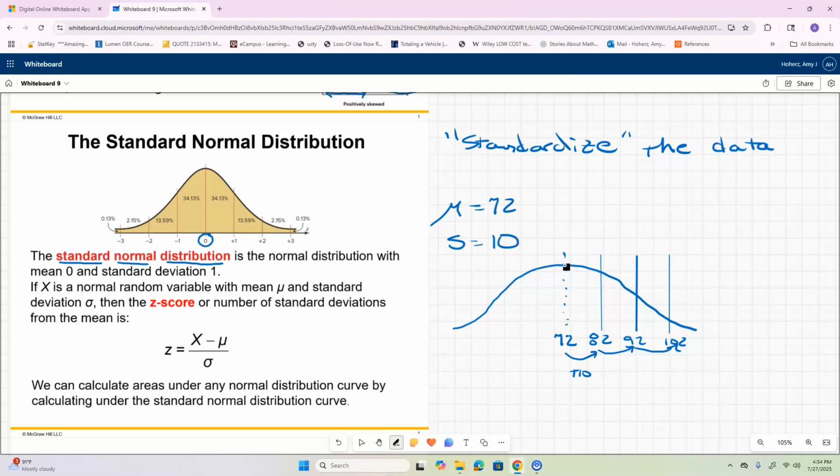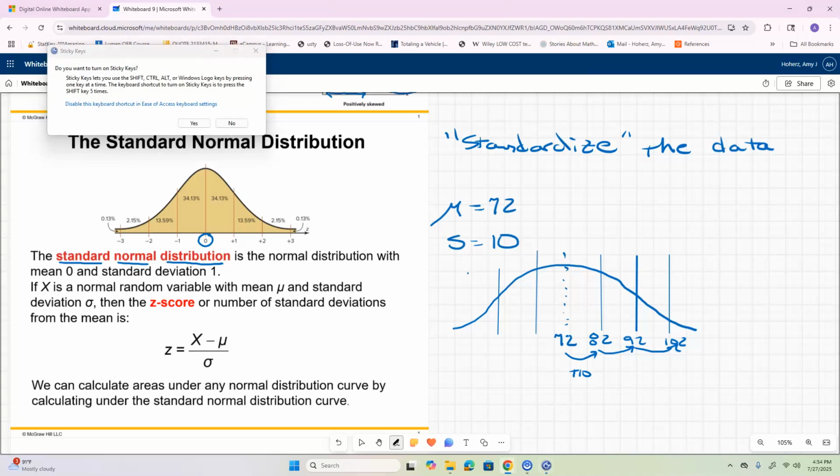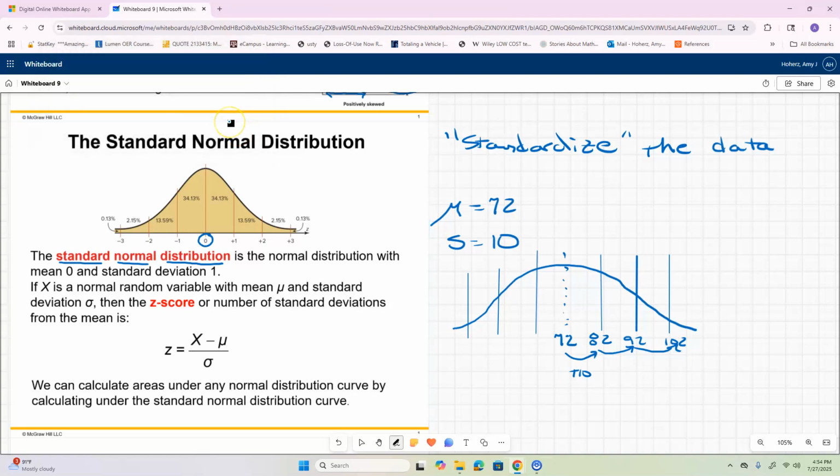Then we could do that on the other side, trying to make these kind of symmetric, but they're not going to be perfect. And so then we would go the other way, 62, 52, and 42. And now, again, it's not always 10.